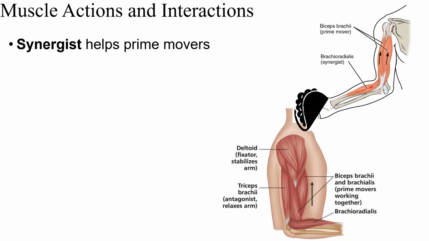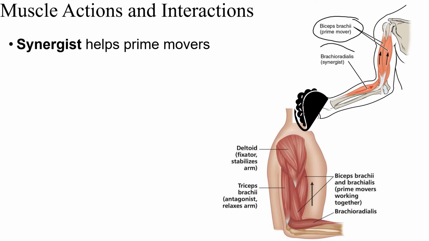Now, the third major player in this is going to be called a synergist, and the synergist is going to help move with the prime mover. For example, we have this arm over here that has a taco in its hand. The biceps brachii is going to be the prime mover, which is going to lift the taco to the mouth.